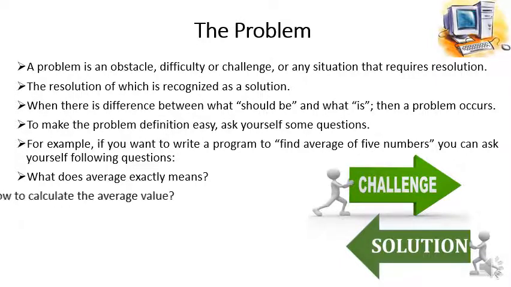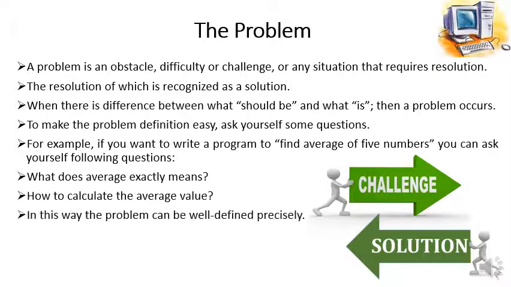The second thing is how to calculate the average, and further you should know those 5 numbers for which you are going to find the average. These are some of the questions that automatically come to your mind whenever you are going to solve any problem. So a problem is a challenge and it requires a solution to be resolved. In this way the problem can be well defined precisely.